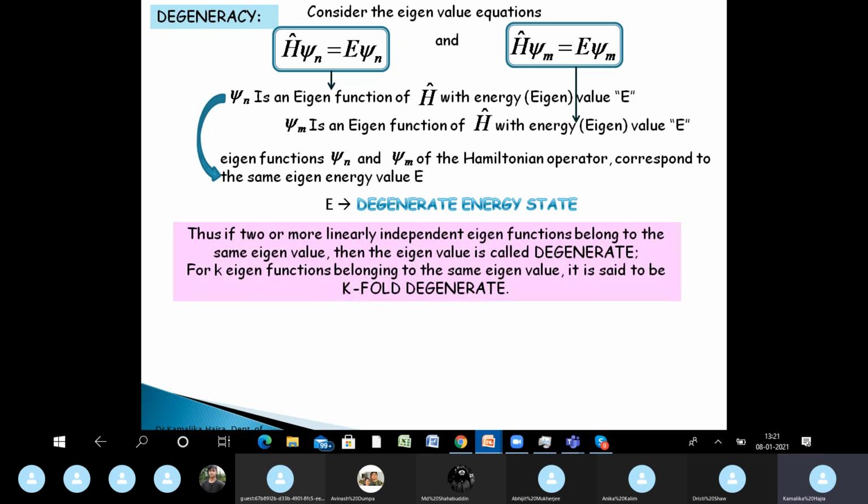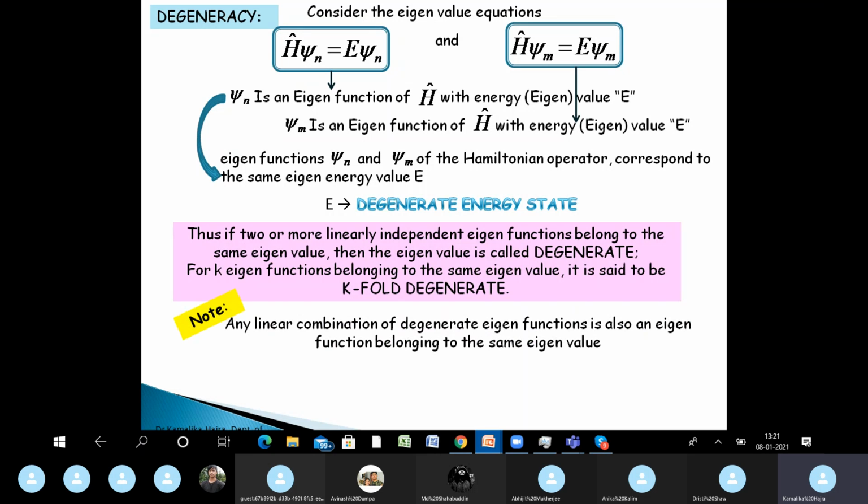Definition: if two or more linearly independent eigenfunctions belong to the same eigenvalue, then the eigenvalue is called degenerate. For k eigenfunctions belonging to the same eigenvalue, it is said to be k-fold degenerate.